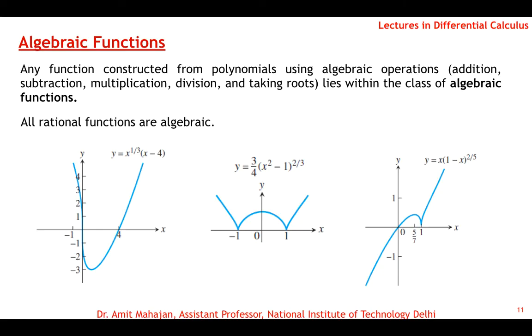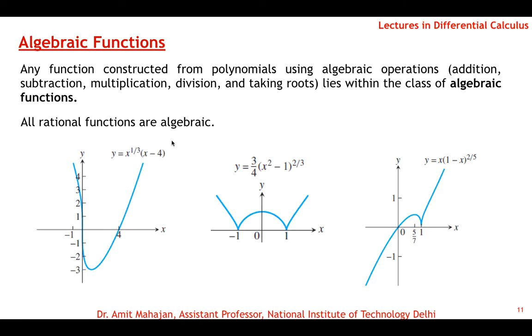Then algebraic functions. Any function constructed from polynomials using algebraic operations like addition, subtraction, multiplication, division and taking roots lies within the class of algebraic functions. All rational functions are algebraic. For example, y equals the third root of x times (x minus 4).